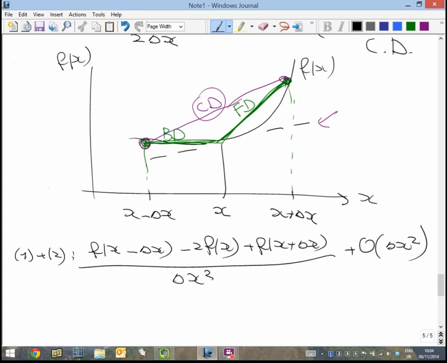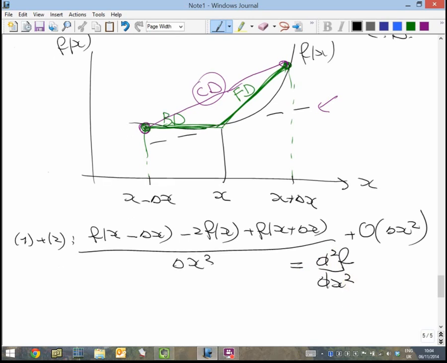Right, of course I should put my delta x squared here. Okay, so this is how we can make an approximation of the second order derivative by, in essence, taking a linear combination of values of the function at different grid points.